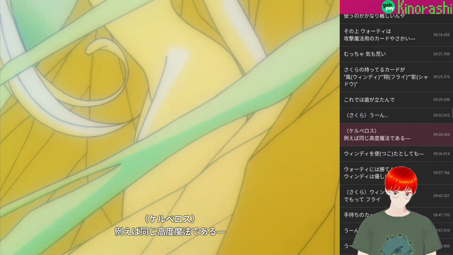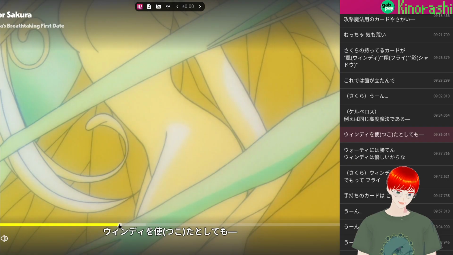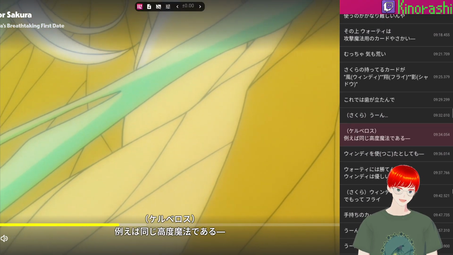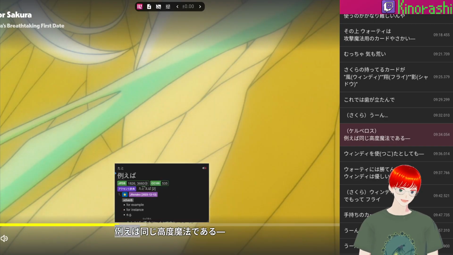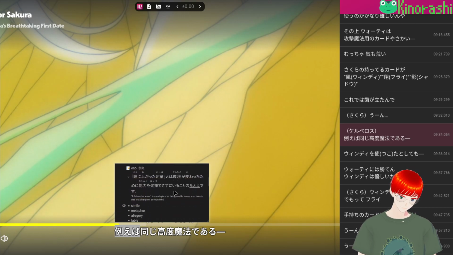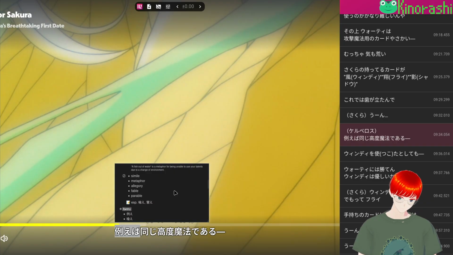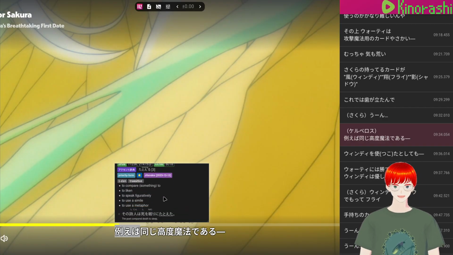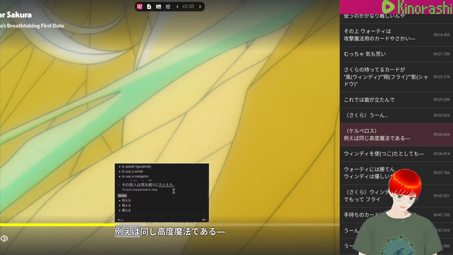例えば同じ攻撃魔法であるウィンディを、例えばケルベロス、OK。例えば, for example, for instance. 例え, example. 例える is to compare.